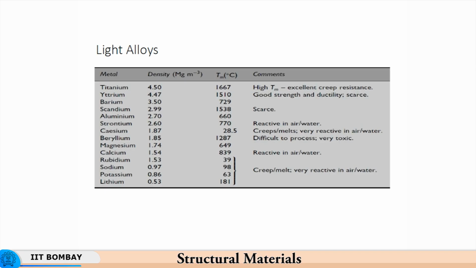But materials like aluminum and titanium are used very commonly in the aerospace industry. Additions like magnesium and cesium are used very extensively in the aerospace industry.